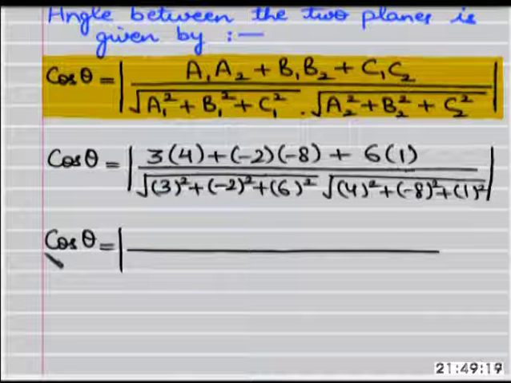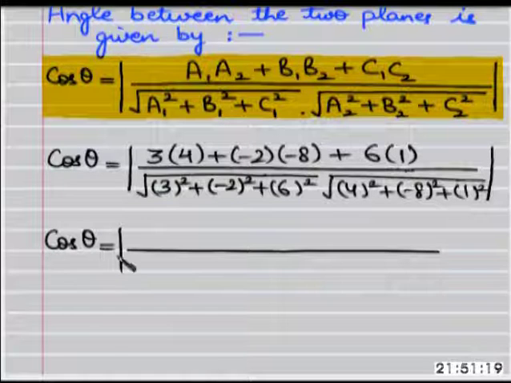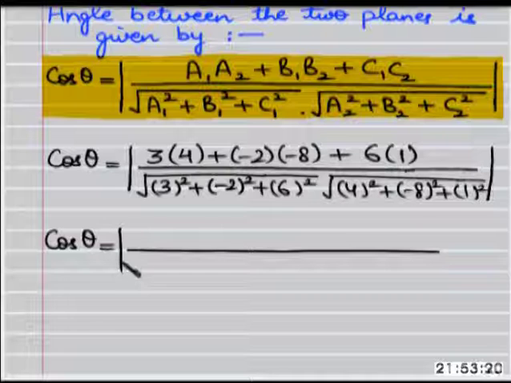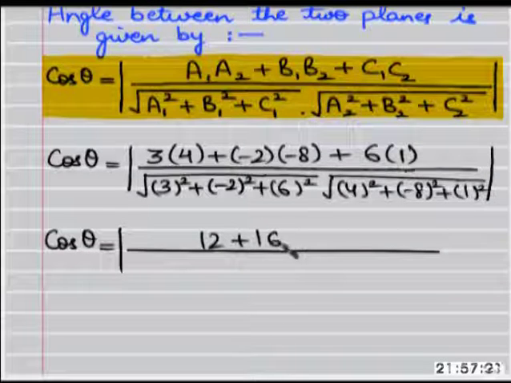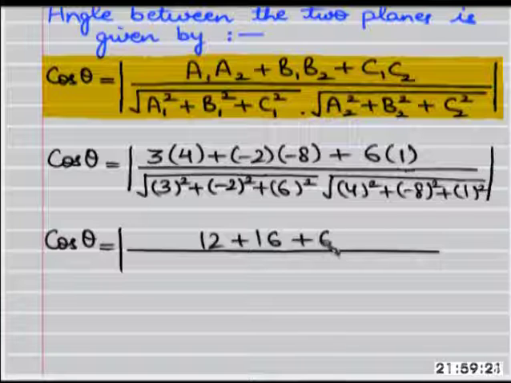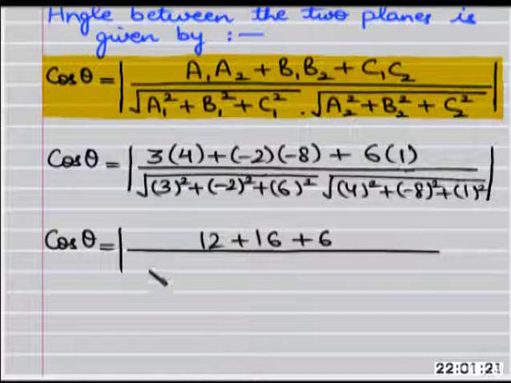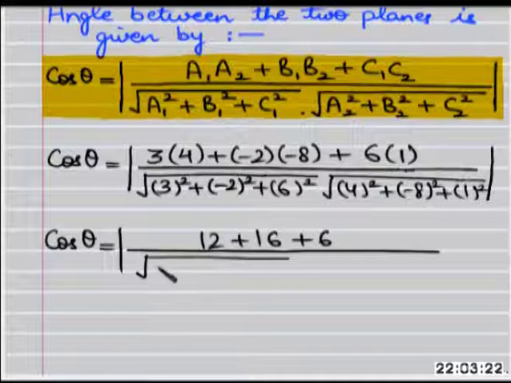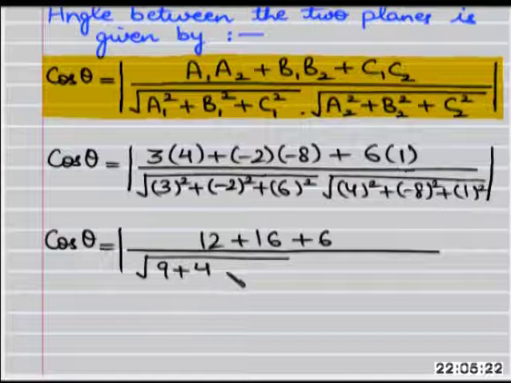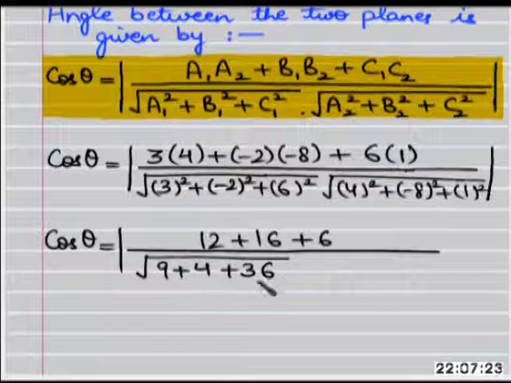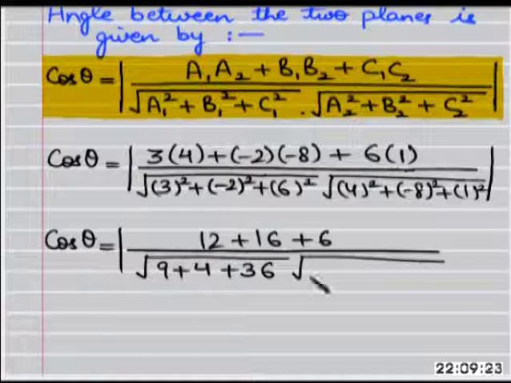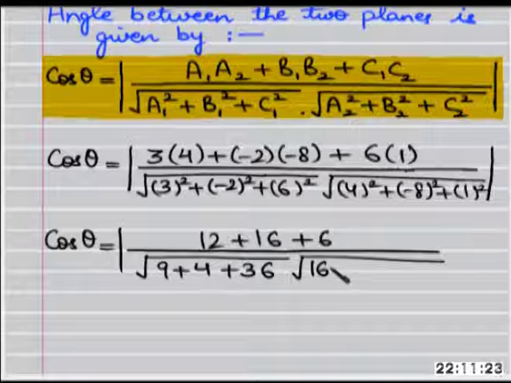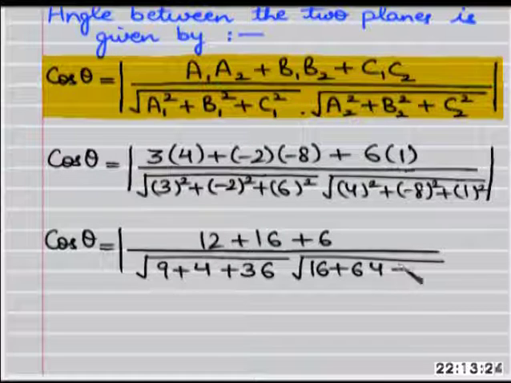This further implies cos theta is equal to modulus of 12 plus 16 plus 6 whole divided by square root of 9 plus 4 plus 36 into square root of 16 plus 64 plus 1.